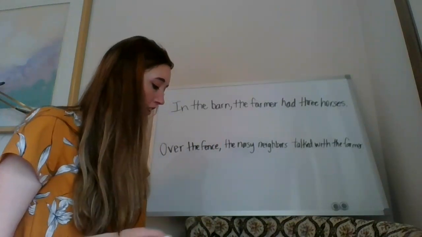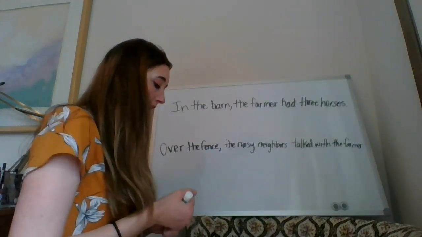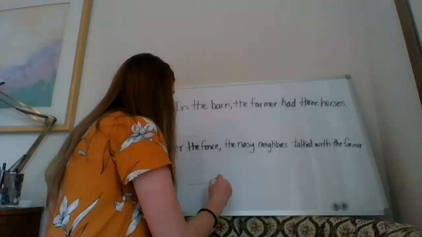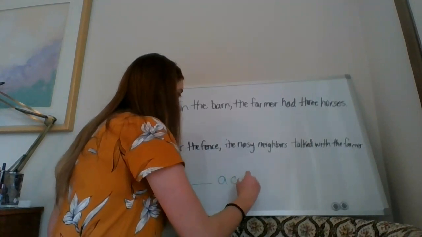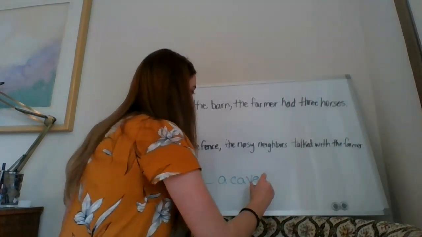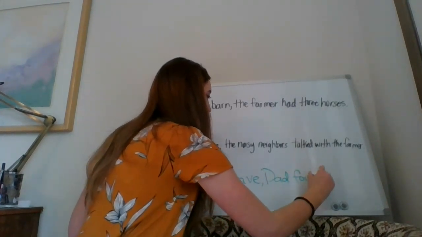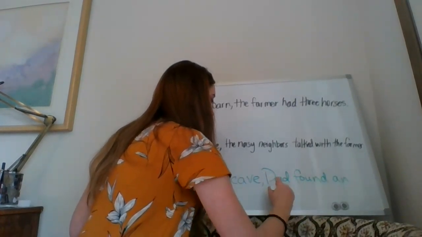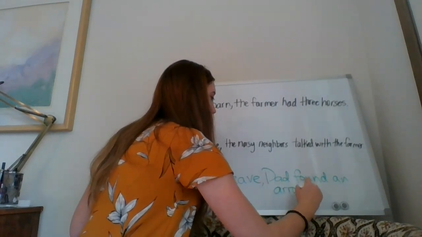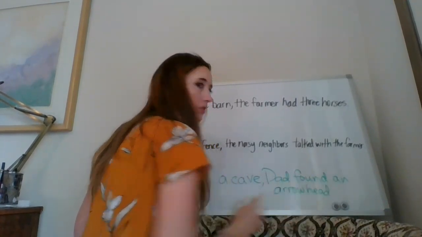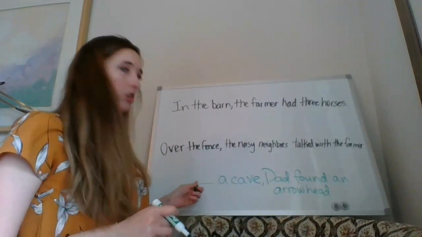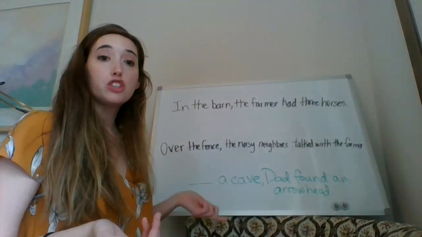For example, sentence number 1 is blank a cave. I'll do it down here. Dad found an arrowhead. Okay, so think of a preposition that would work here.